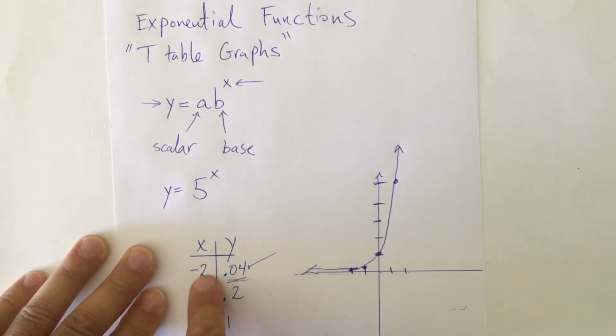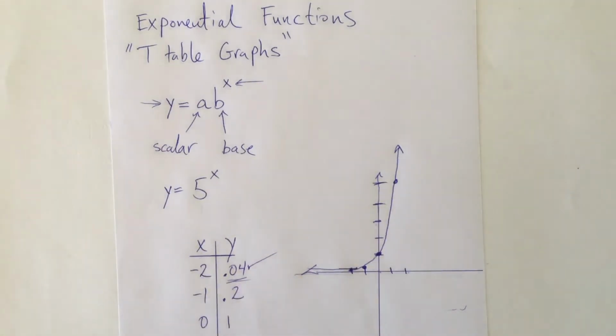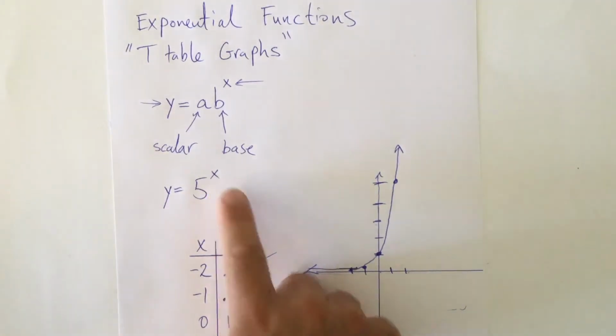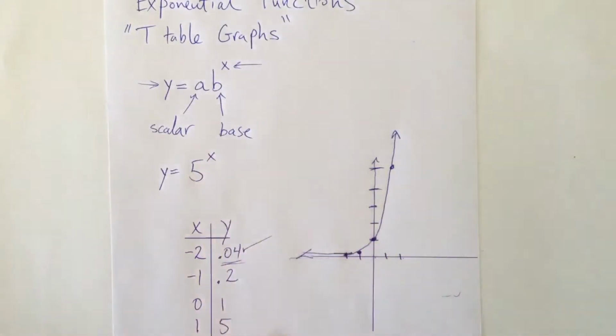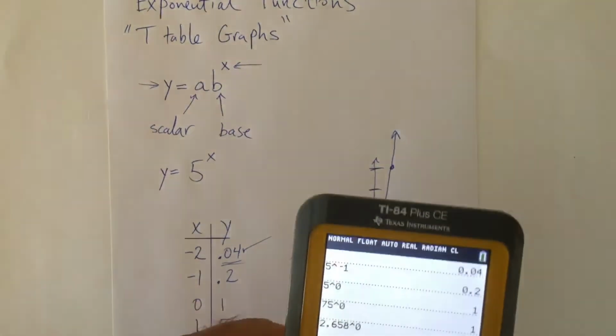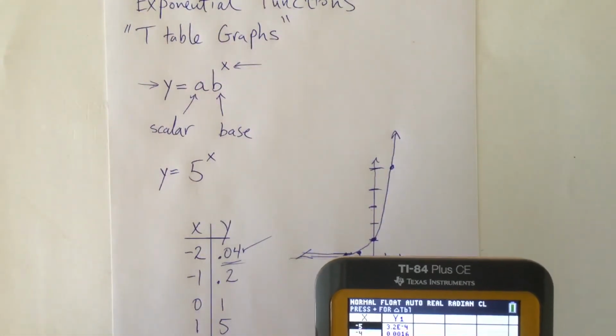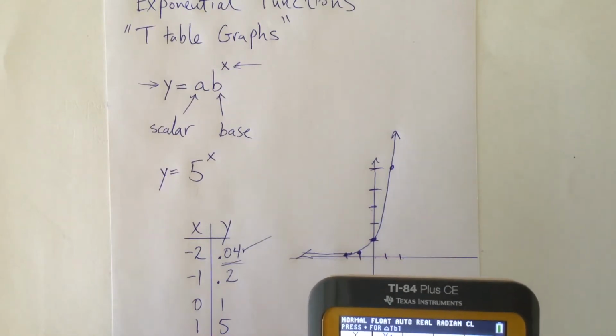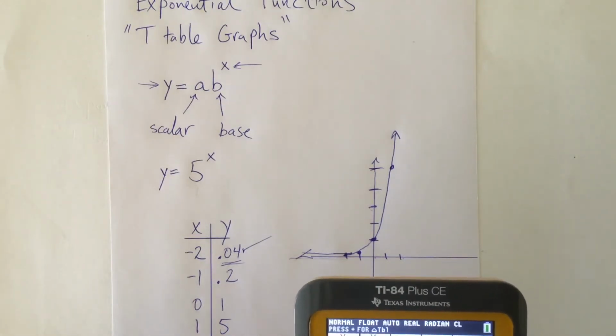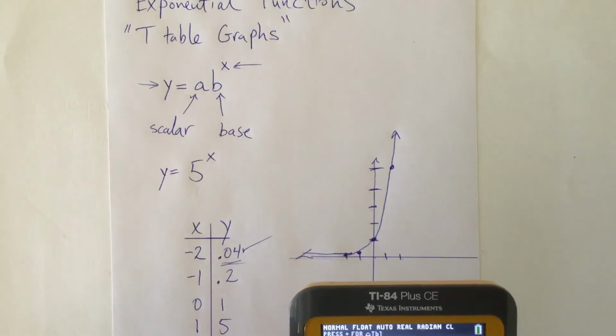If I plug in -3 for x, if I plug in -4 for x, I'm going to go back to my calculator and show you on the table. Look, when they plug in -1, they got out 0.2, then 0.04, 0.008, and then it does this e thing.